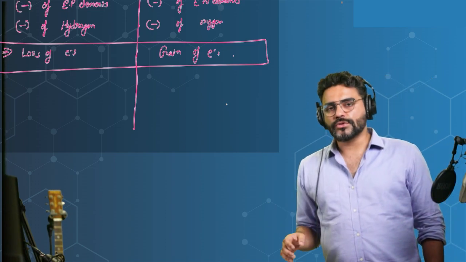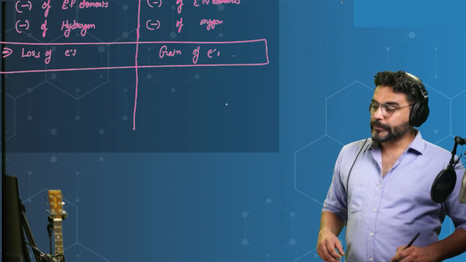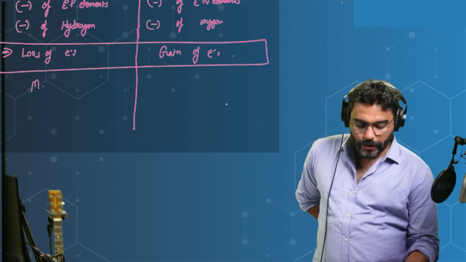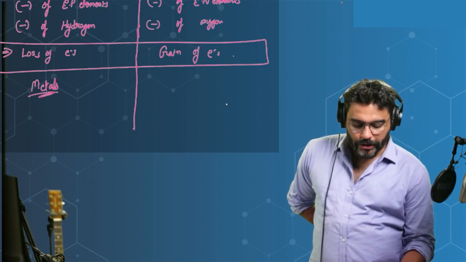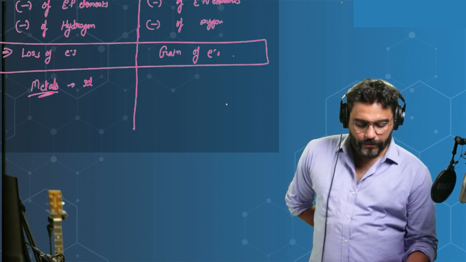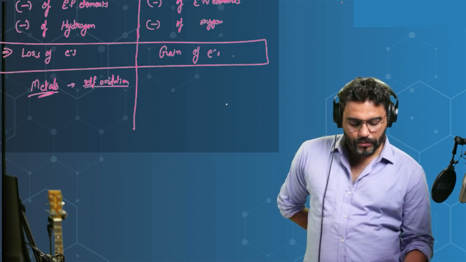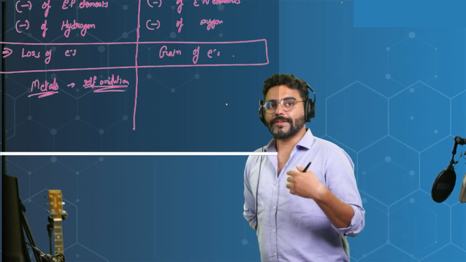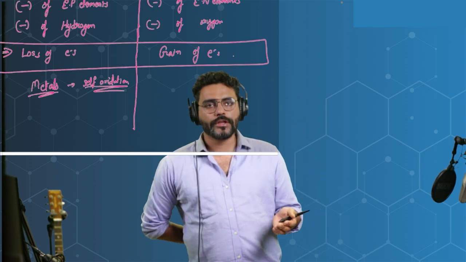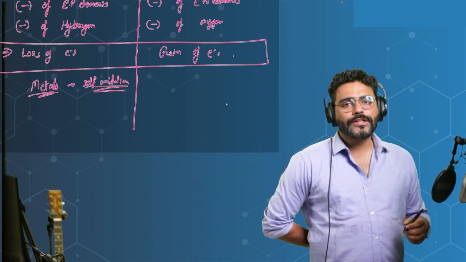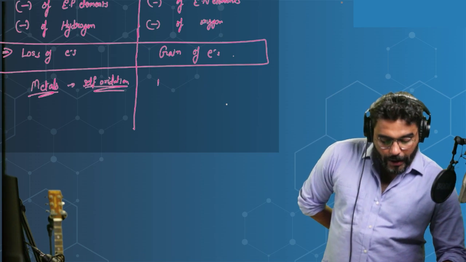They are known as social workers or dacoits? Social workers. So metals undergo oxidation or reduction? They always undergo self-oxidation. They give the electrons, so they will lose the electrons. That means they will undergo oxidation. Yes or no? Yes.